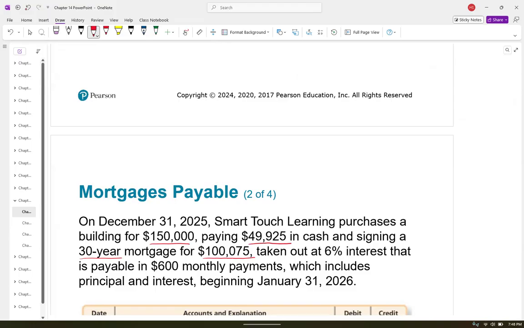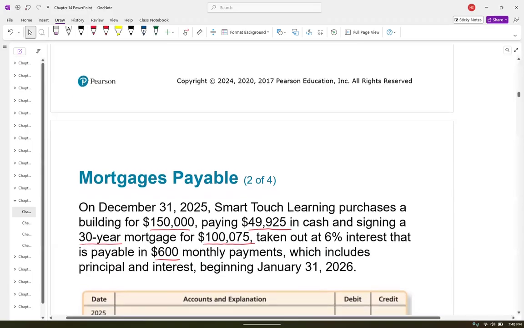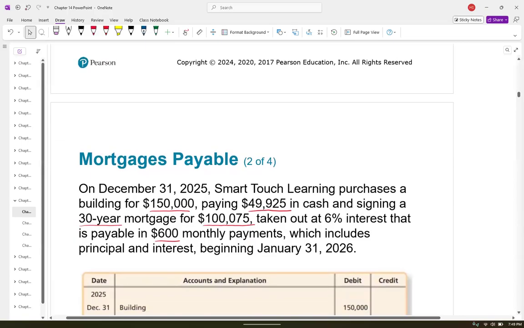I don't know why they didn't just round those, but who knows? We'll probably see here in a minute. Probably to make it this perfect $600 a month. Okay. So that'll be 6% interest and is payable in $600 monthly payments, which includes principal and interest beginning January 31st.